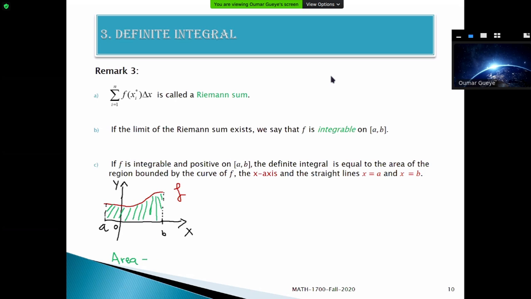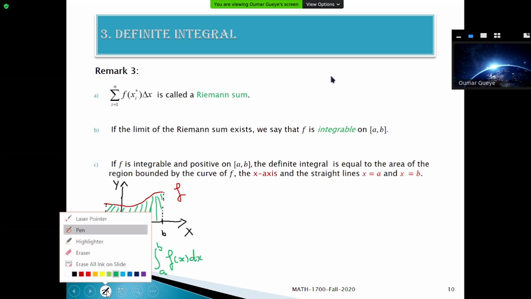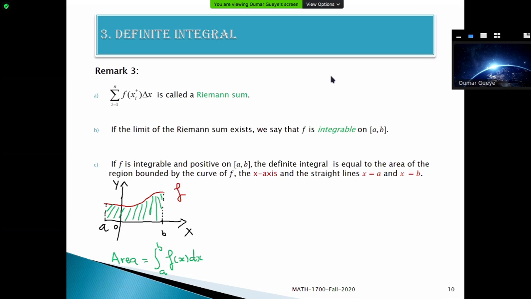The area is going to be exactly equal to the integral from a to b of f of x dx. And the reason why the area is going to be equal to the integral is because your function is positive, and the definition says your xi star could be any number from the interval xi-1, xi.